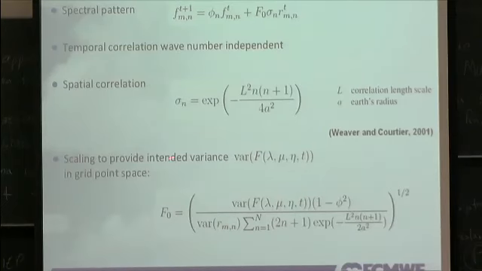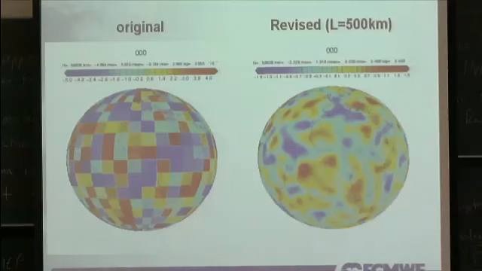And the scaling is done in order to get a certain variance in grid point space. So this complicated pattern simply changes the autoregressive process in a way that the grid point variance is fixed, which is used in the scheme.